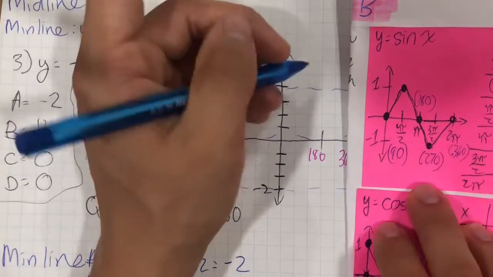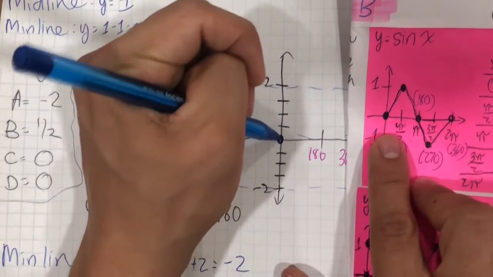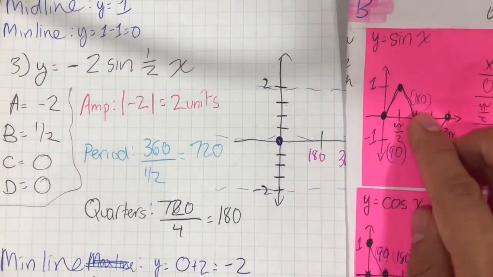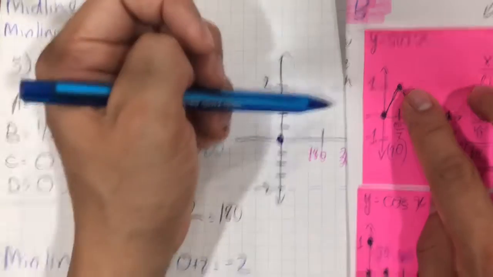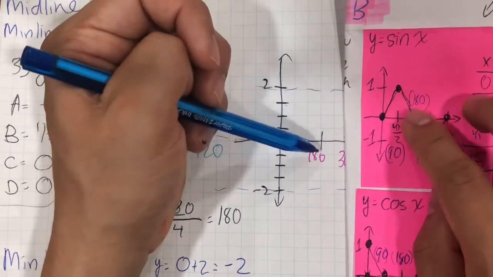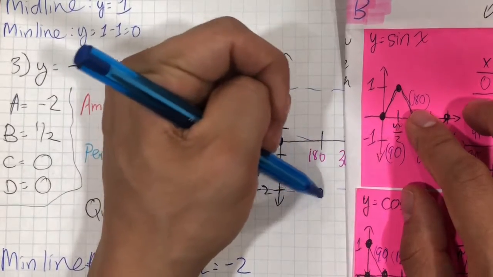So we have the midpoint, which is 0, 0. Originally this was 90, 1, but now it's going to be flipped to 180, -2.